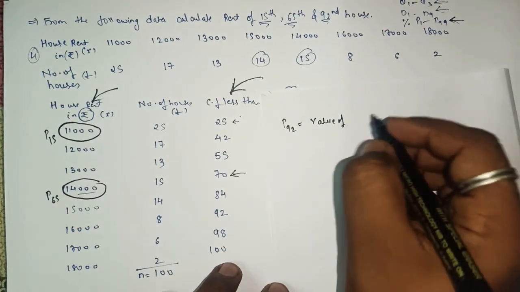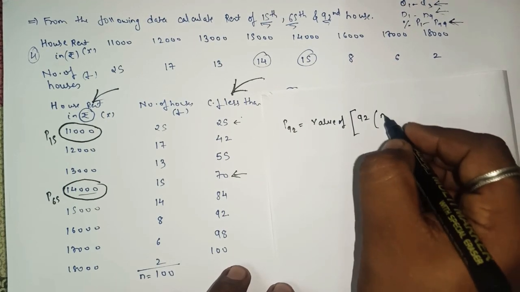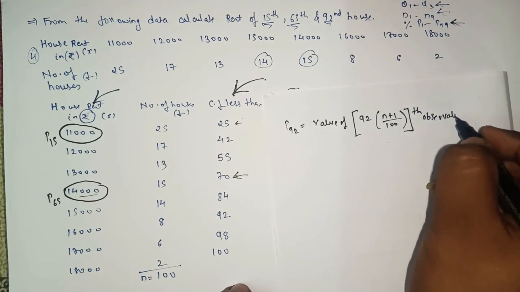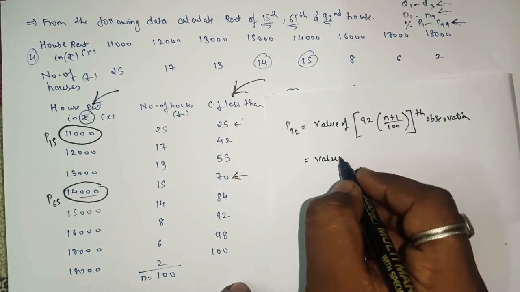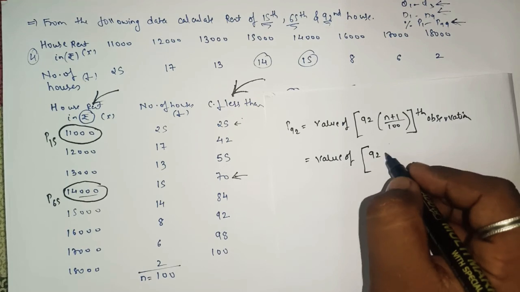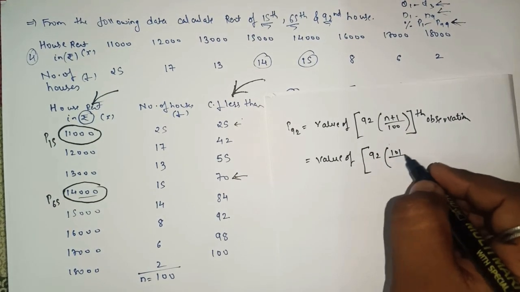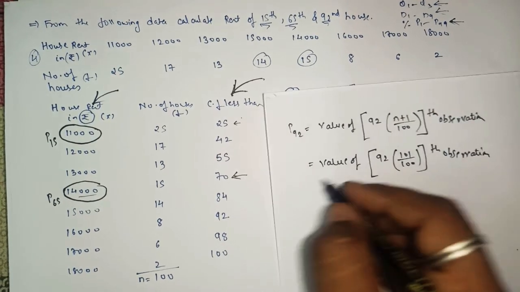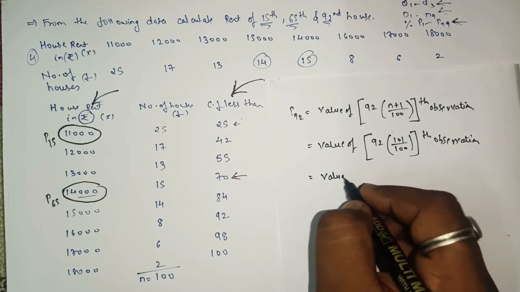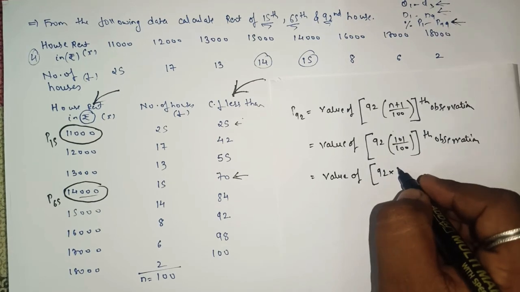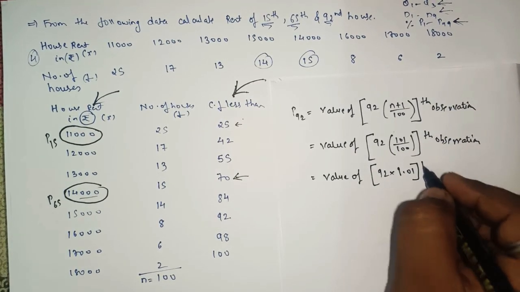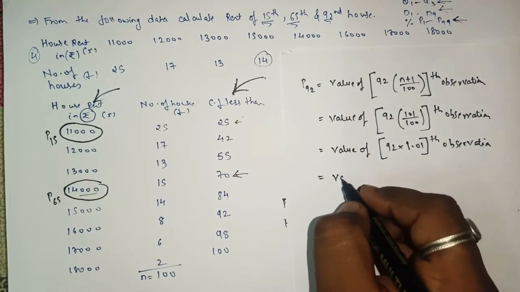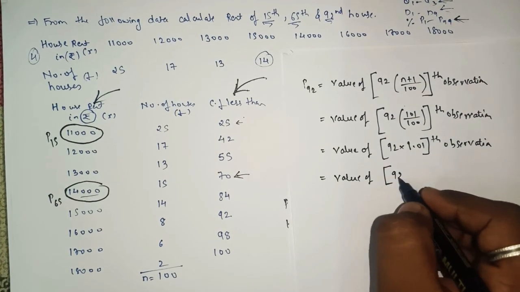So the value of 92 times (n plus 1) upon 100th observation. The value of n is 100, so this will be 101 upon 100th observation. So 92 into this will be 1.01 only, yes or no? So your value of this will be 92.92.